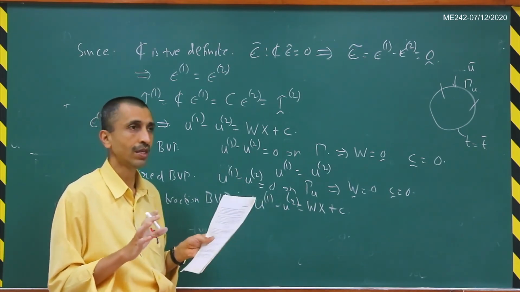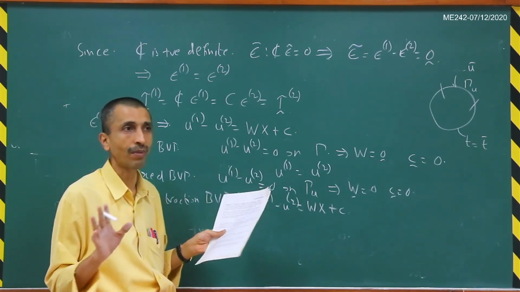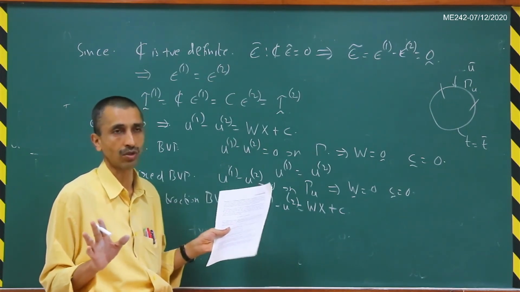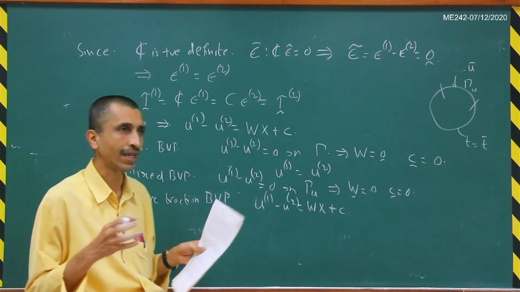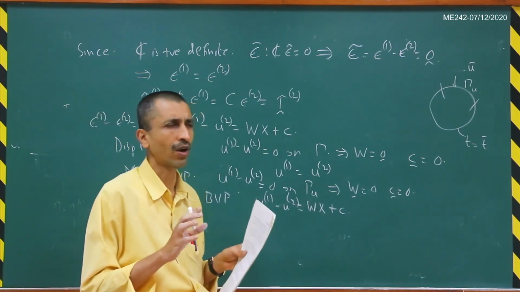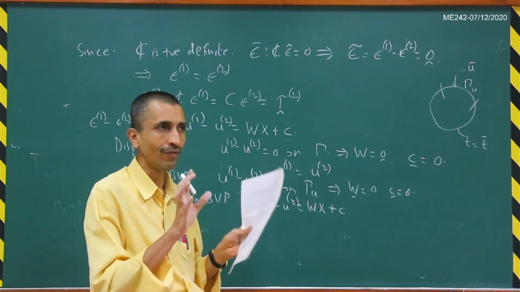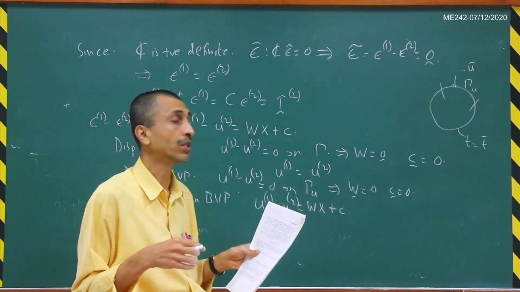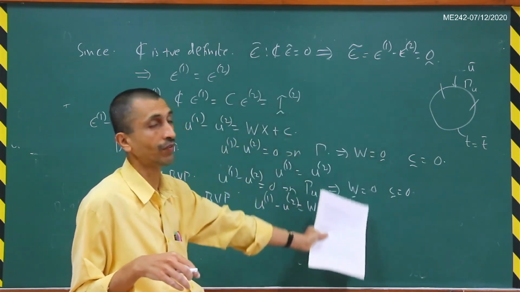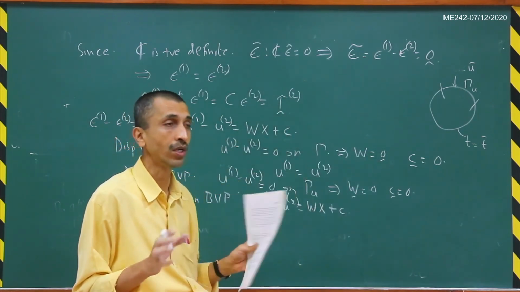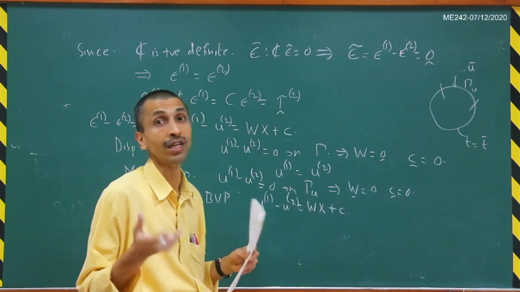Once it satisfies the governing equation and all the boundary conditions, then it is an exact solution. So suppose we have guessed or derived a solution, and we have now found one solution. The main use of this uniqueness theorem is that we don't need to find another solution, correct?